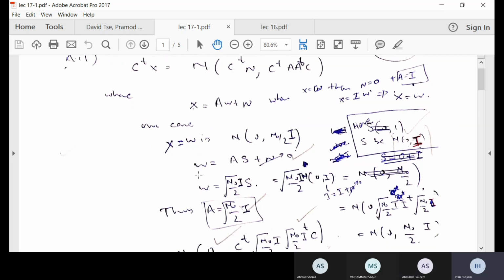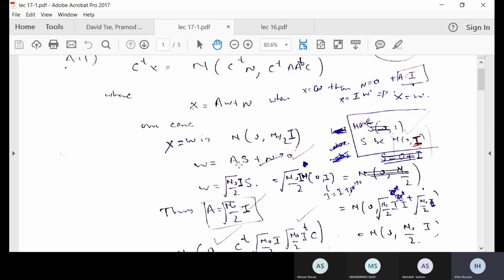Now what happens if my w is N0 over 2 times I? It is zero mean, but its covariance matrix is N0 over 2 times I. In that case, I would like to write my w also in the standard form, where s is the standard random vector. Instead of x, I put w here, and instead of w, I put this standard vector s. So this will be some A times s plus mu, and because the mean is 0, mu will be 0.